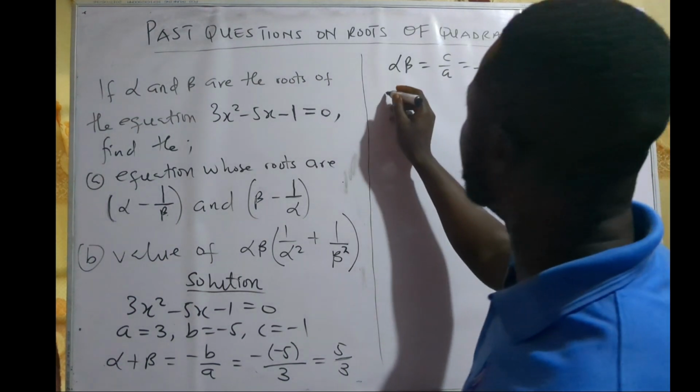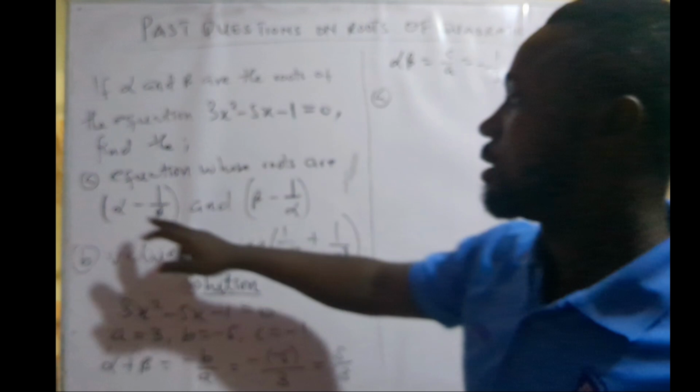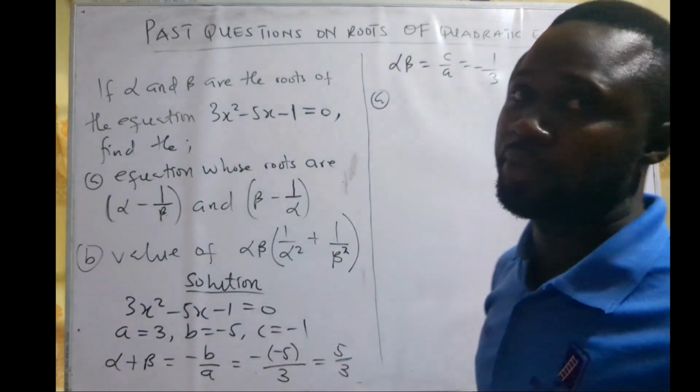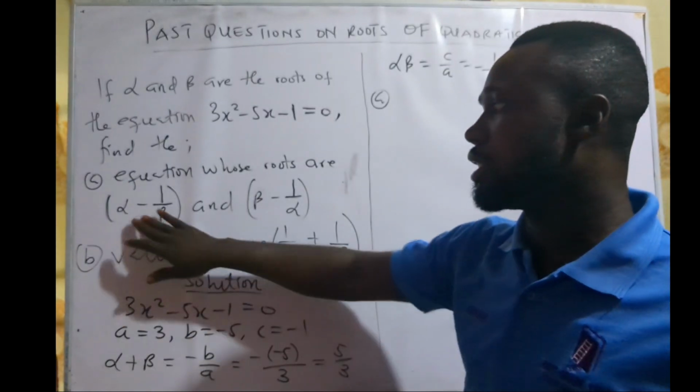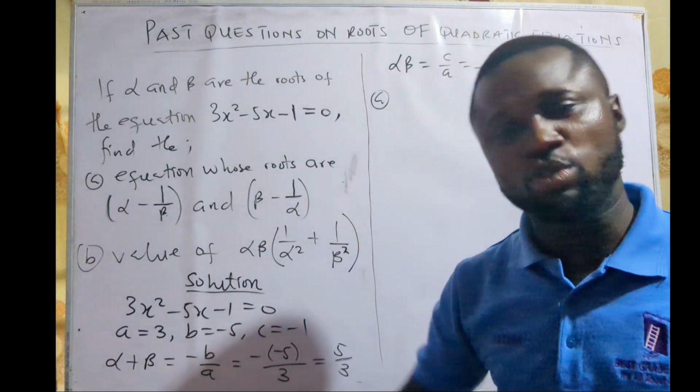And we are going to solve for an equation whose roots are alpha minus 1 over beta and beta minus 1 over alpha. So these are the two roots, it means that we have to find the sum of these roots and then the product of the roots.